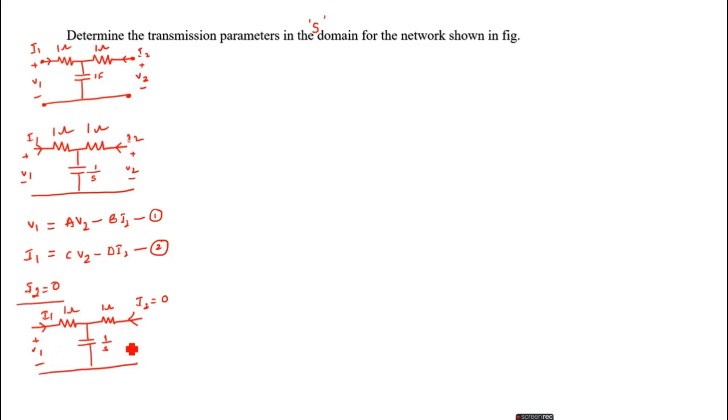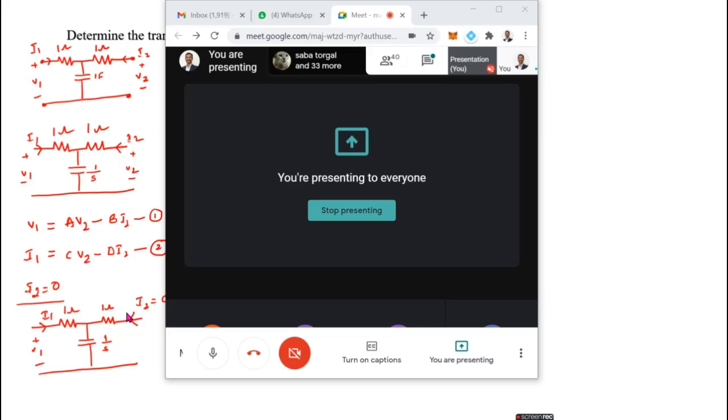first apply KVL to first loop. Apply KVL to mesh 1. We will get minus V1 plus 1 into I1 plus 1 by S into I1 plus I2, that is equals to 0 here.